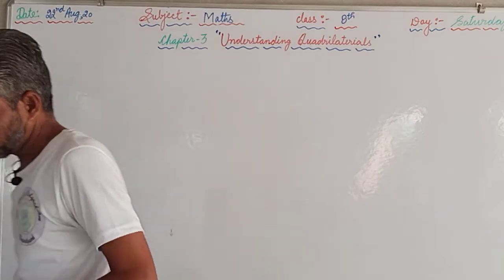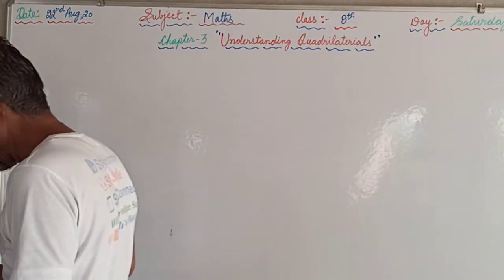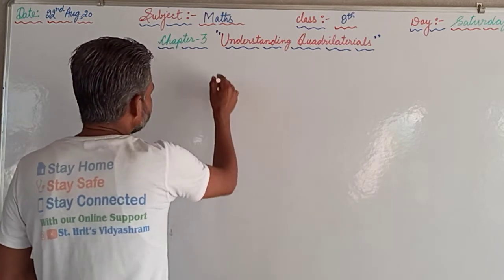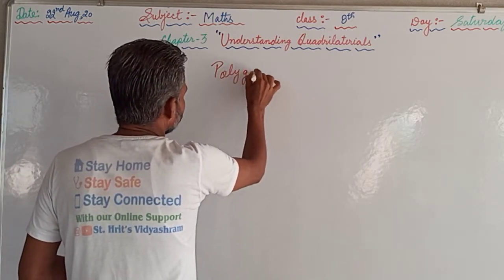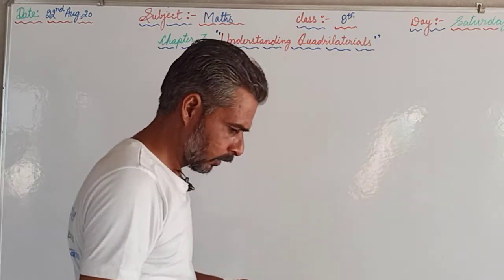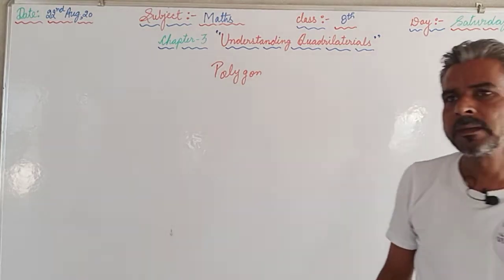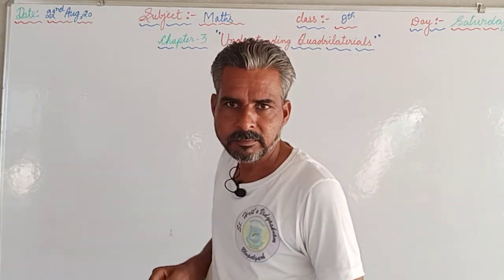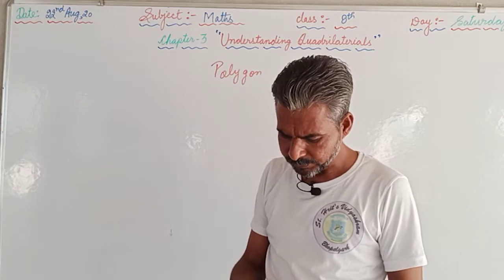So afterwards, one common thing that we are supposed to hear many times, that is the word polygon. So if someone asks you what is polygon, define. Can you define? I don't know whether you can or not, but today we will discuss the definition of the polygon.